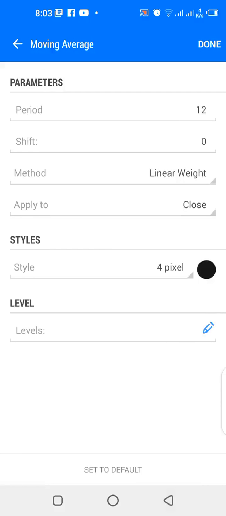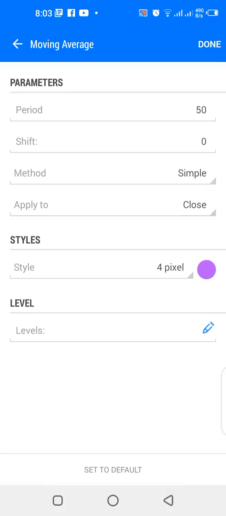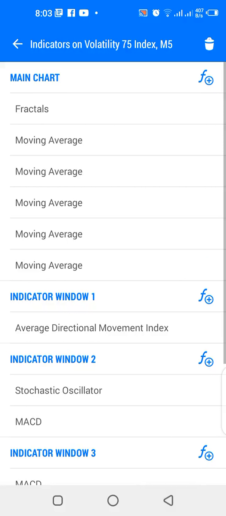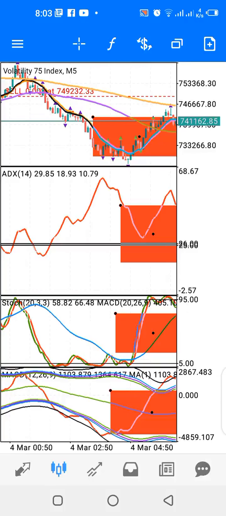The next one is a 12 period linear weighted moving average applied to close, and the color is black. The next one is the 50 period simple moving average applied to close, and the color is purple. And the final one on the main chart is a 200 period simple moving average applied to close, and the color is orange.